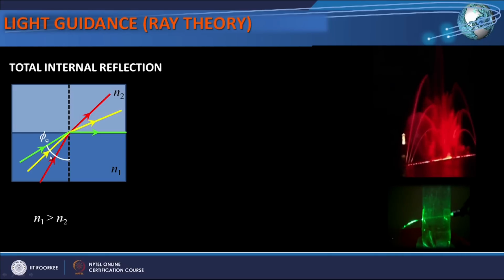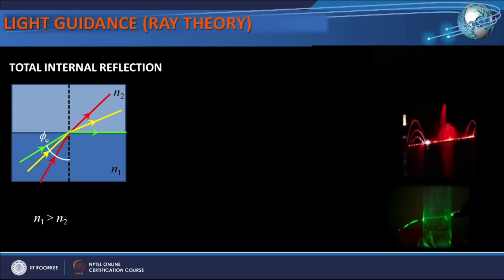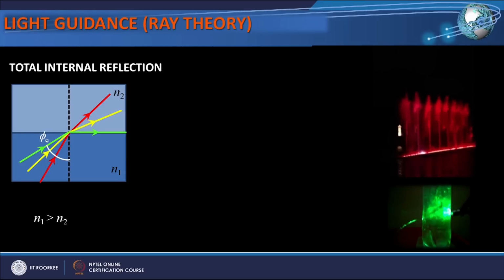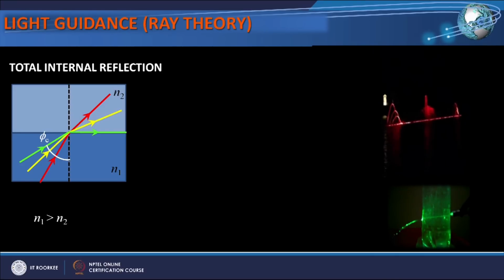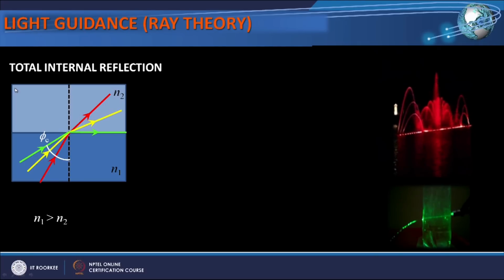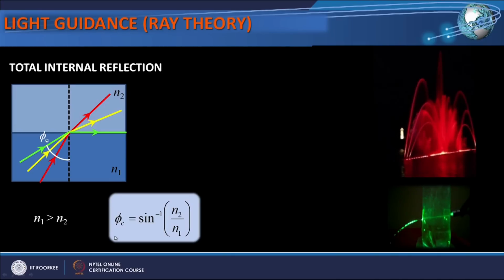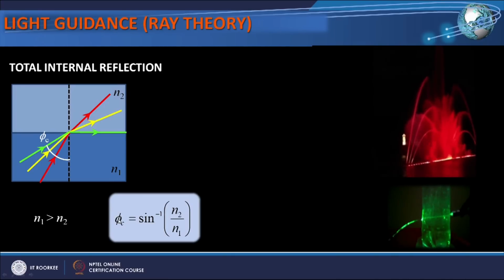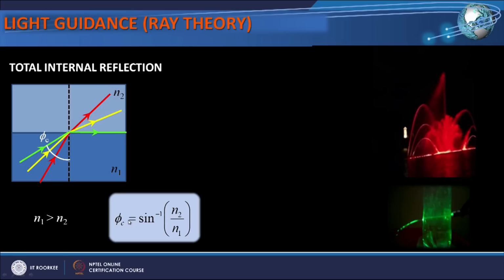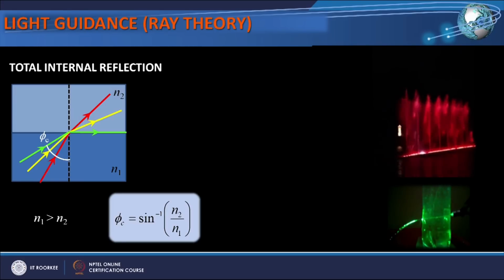So, if I increase the angle, it will further move away from the normal, and at one particular angle phi c, this refracted ray basically grazes the interface between the two media. Now, what is this phi c? This phi c is called the critical angle for total internal reflection, and it can be given by sin inverse n2 over n1.